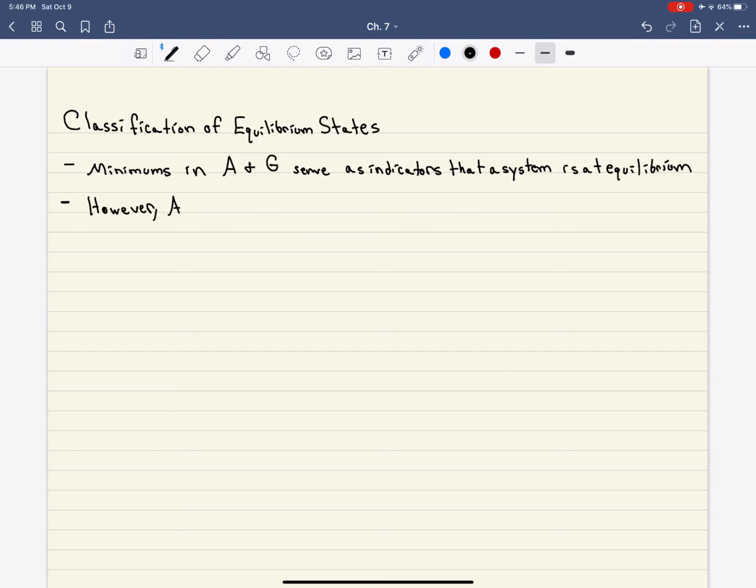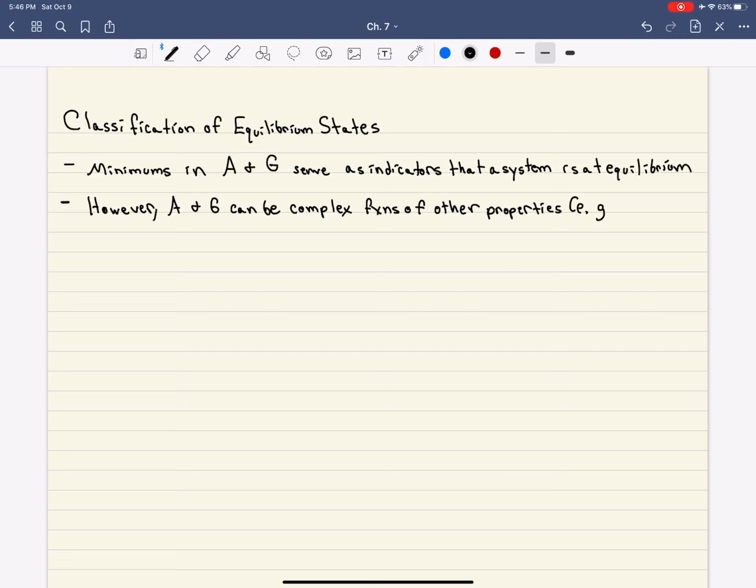our Helmholtz energy or the Gibbs energy of a system are not going to be very simple functions. A lot of times, they're very complex functions of other properties, if you will, or other parameters.